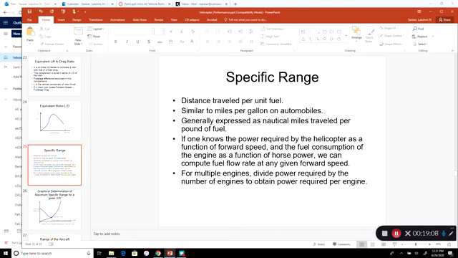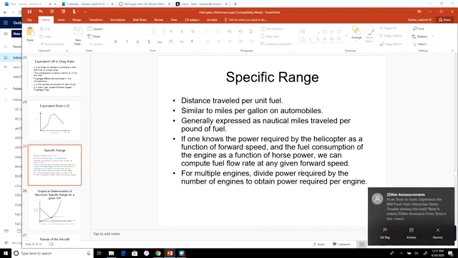So, for example, if your power required by the helicopter is known, then the fuel consumption, remember, is pounds of fuel per horsepower per hour. So you know for a given power how much fuel is being burned per hour.